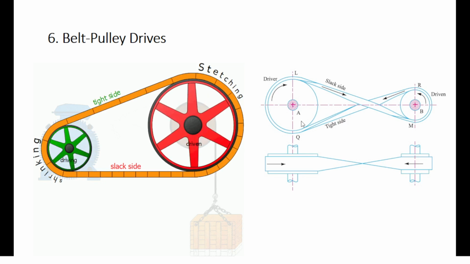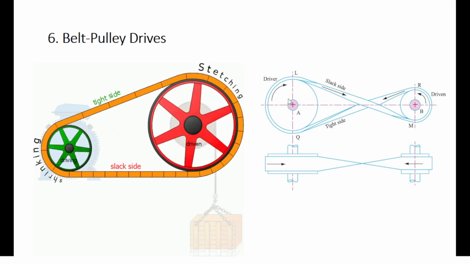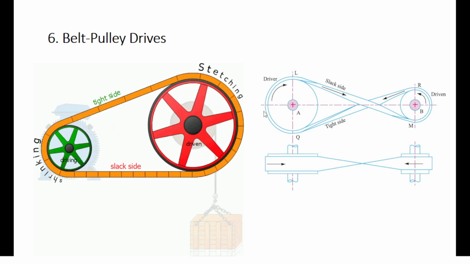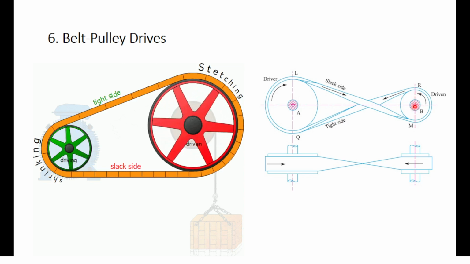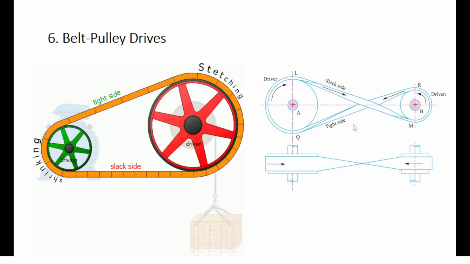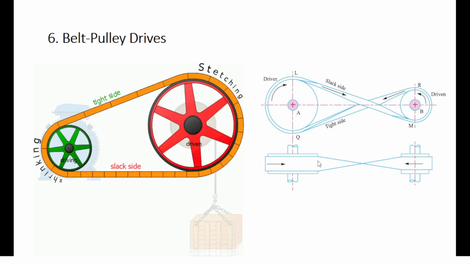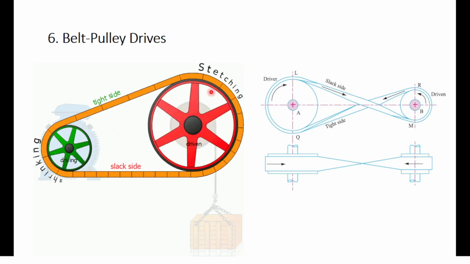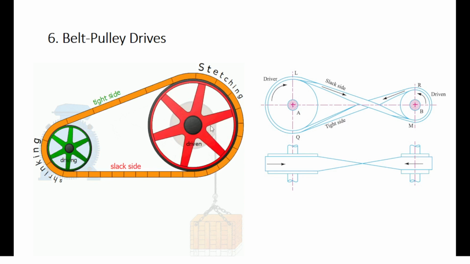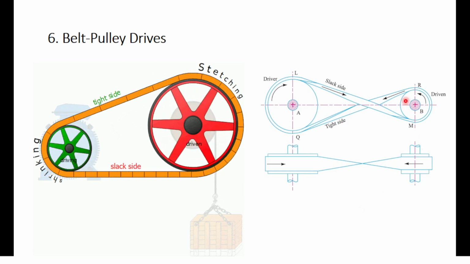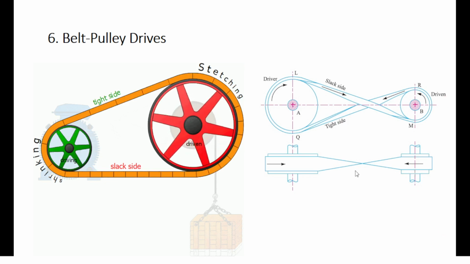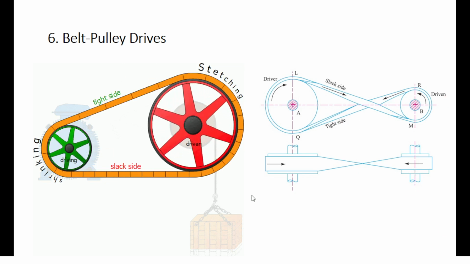In the cross belt, if the driver is rotating in clockwise direction, the driven will be in a counterclockwise direction. This is the basic difference, and through visualization, we can also conclude that the length required in the cross belt pulley will be more than in the open belt pulley.